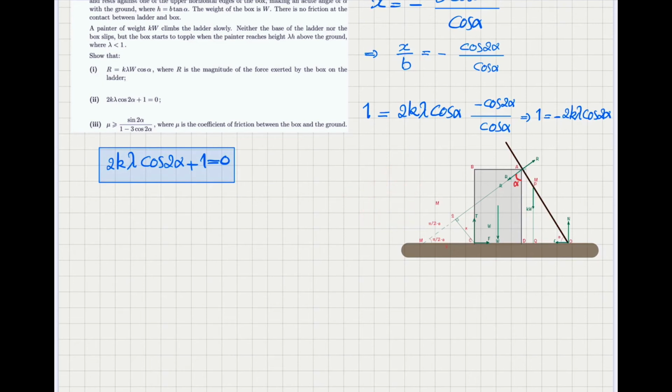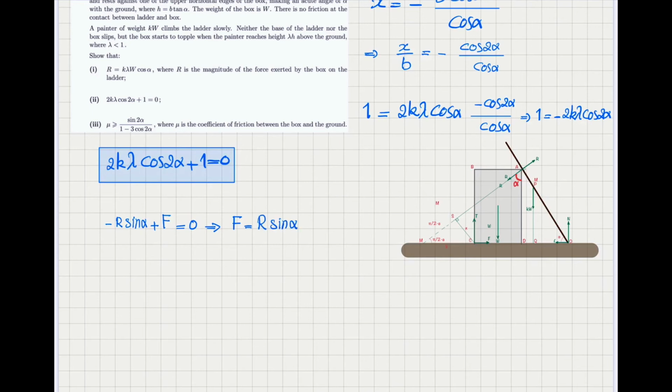So if I write the equilibrium condition in the x direction, I would write minus R sine alpha plus the friction force, which acts to the right, is equal to 0.